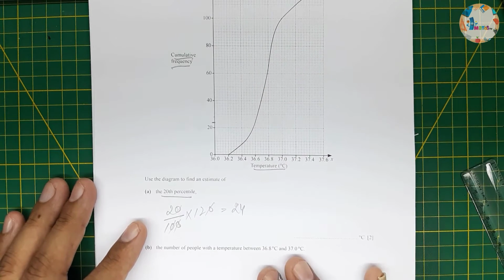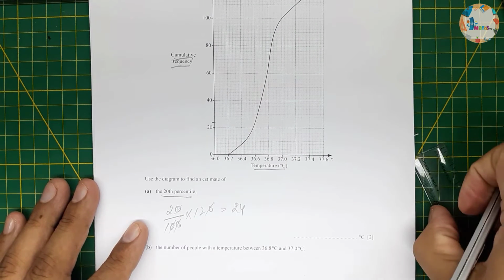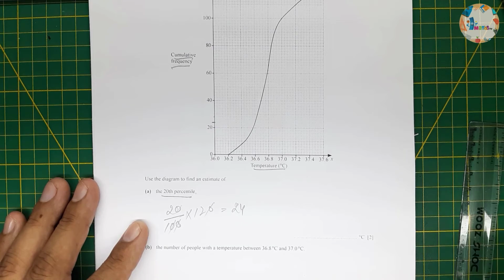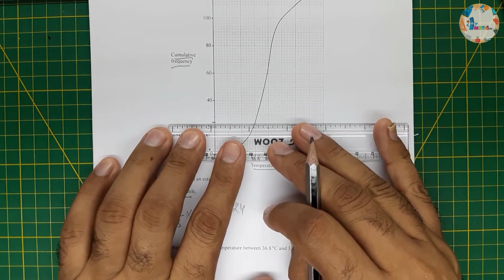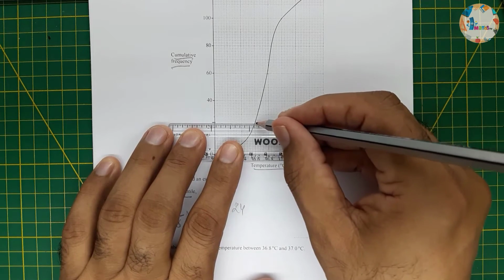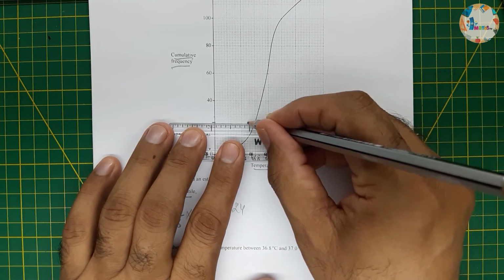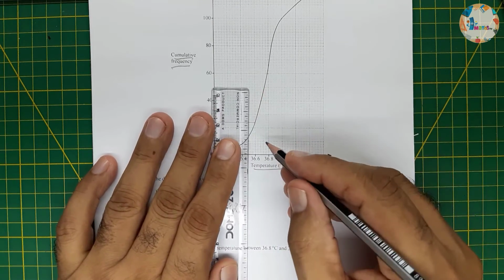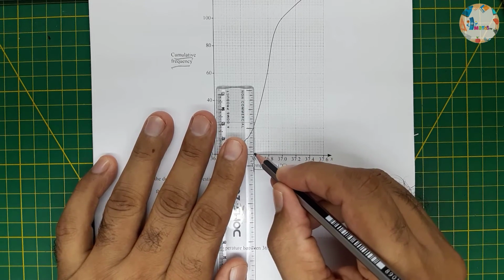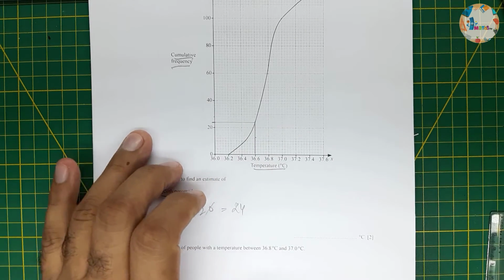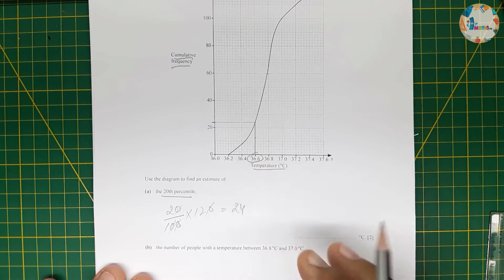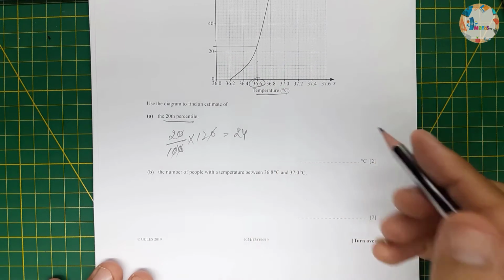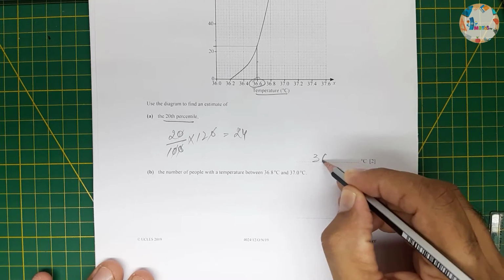So what we can do, we can take reference, and when we take a reference from here, we can join these lines, like for example this point we can join with this one, and this will be basically joining over here. So it is at this point 36.6, so we can write here 36.6.